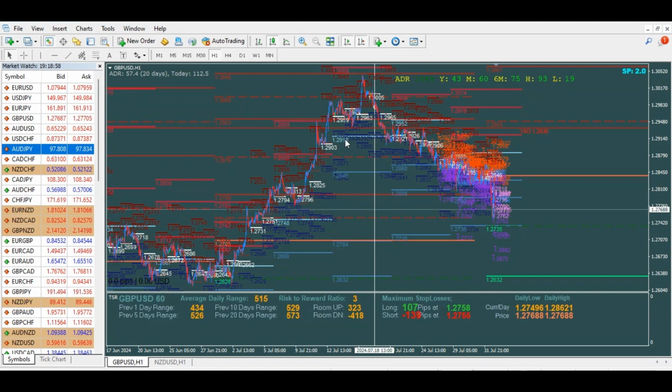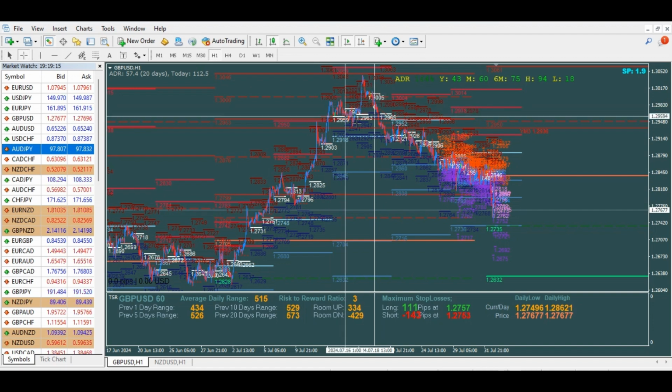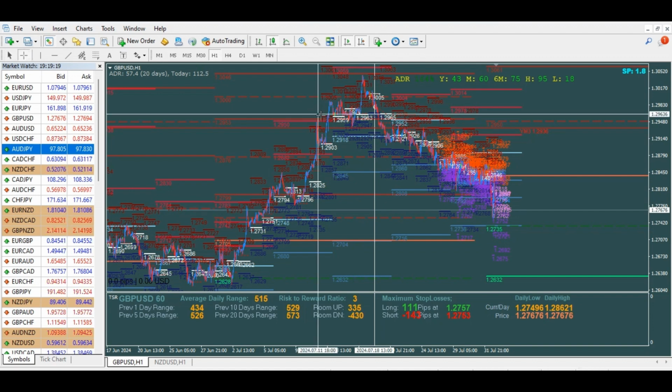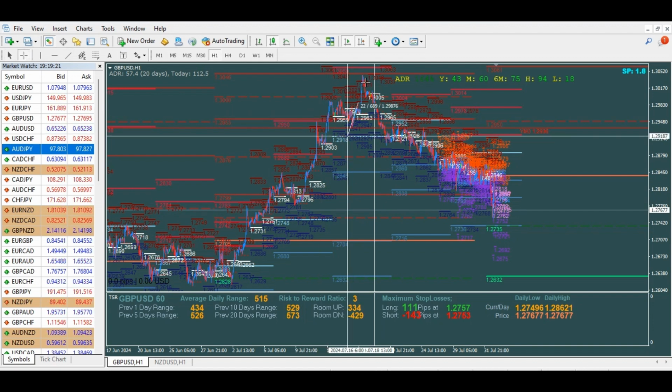So, for example, this price level of the weekly middle pivot is 1.2918. The weekly R1 is 1.3059. So the pip distance between these two is, say, 140 pips, right?